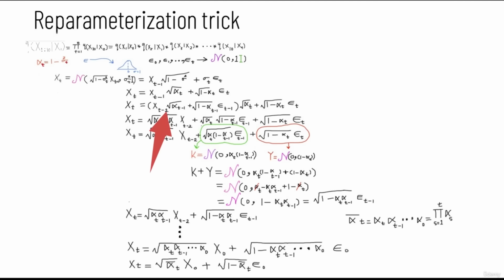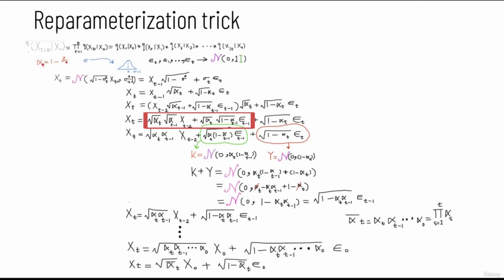Now we will multiply xt minus 2 times the square root of alpha t minus 1 by the square root of alpha t. And we will multiply the square root of 1 minus alpha t minus 1 times epsilon t minus 1 by the square root of alpha t.